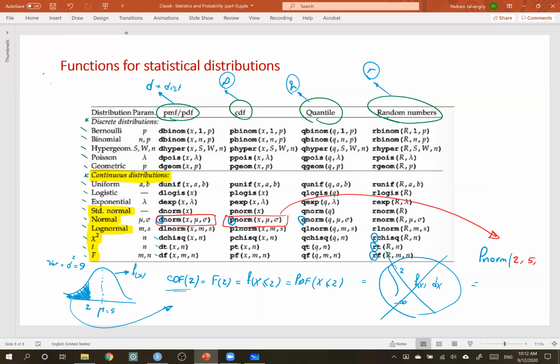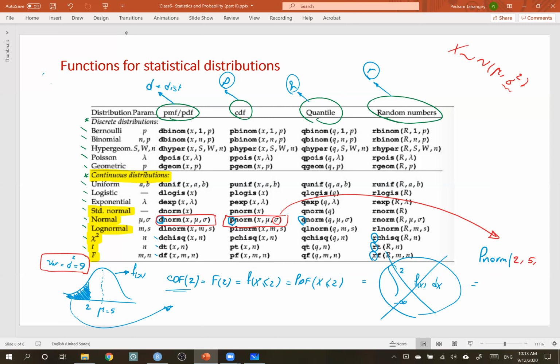What is sigma? Look at that. I have the variance, but in R, for some strange reason, this is the one that I don't like about what the author of the package did. People are used to seeing that X is normally distributed with mu and sigma square. So in the textbook, you see the second argument is going to be sigma square.